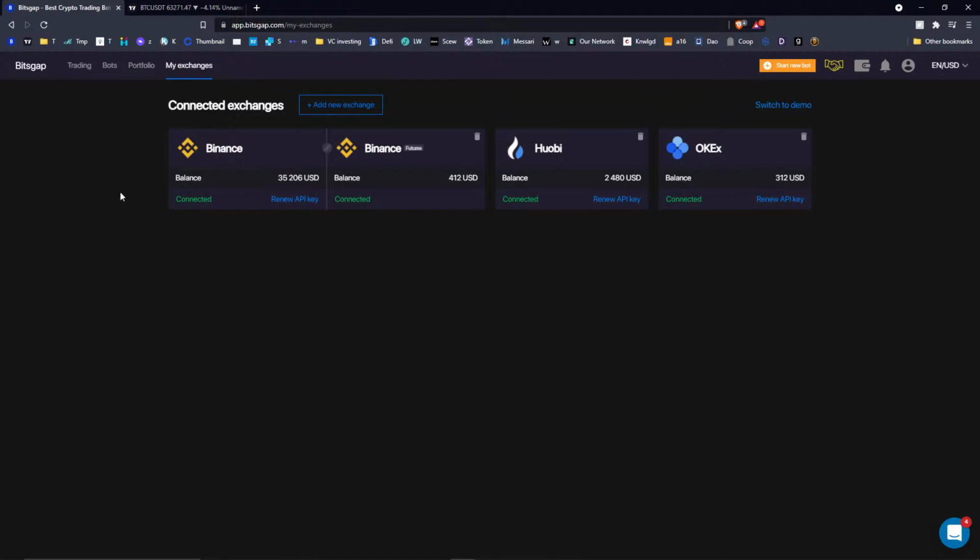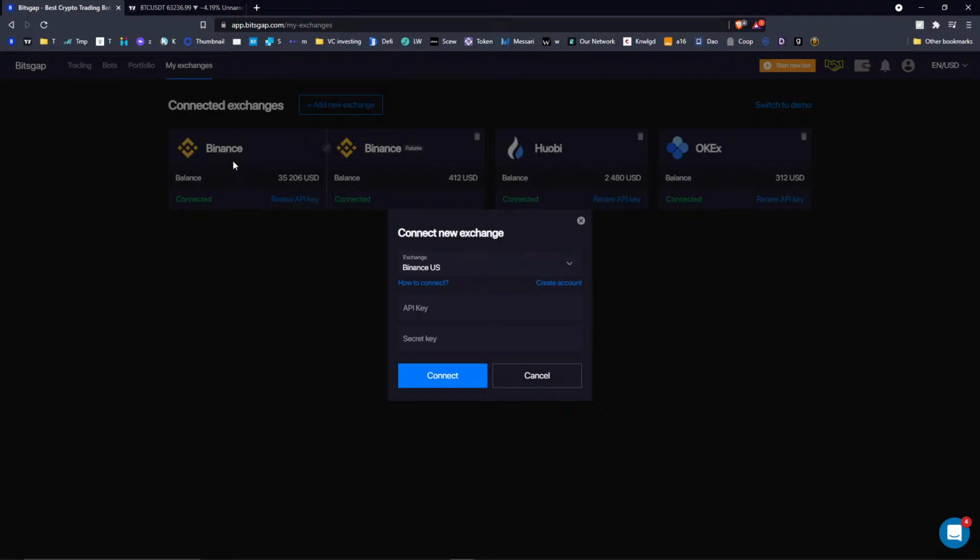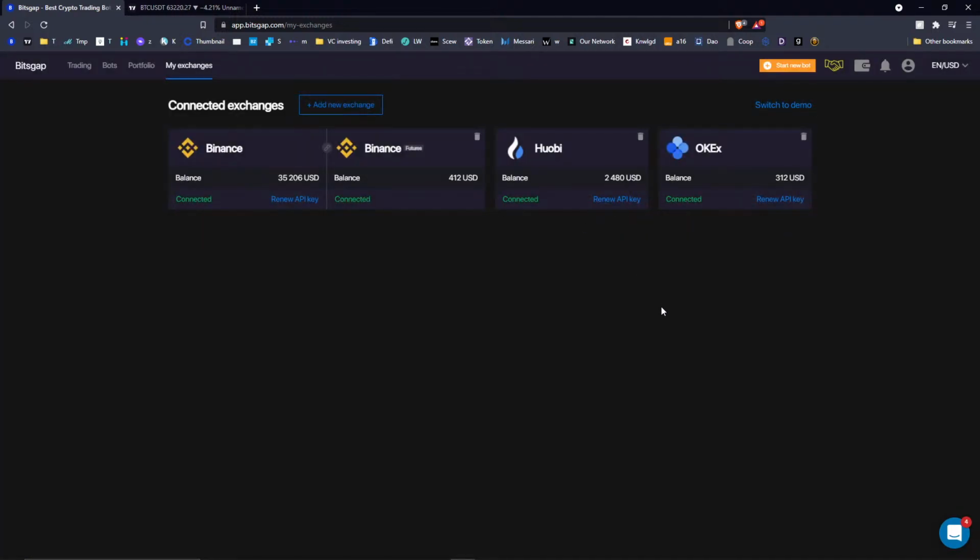That way you can use API management on Binance, generate these API keys, and link them to a Bitsgap account. But if you are using your Binance API already here, you cannot have another Binance on one Bitsgap account. So it would require you to have another Bitsgap account to link this.